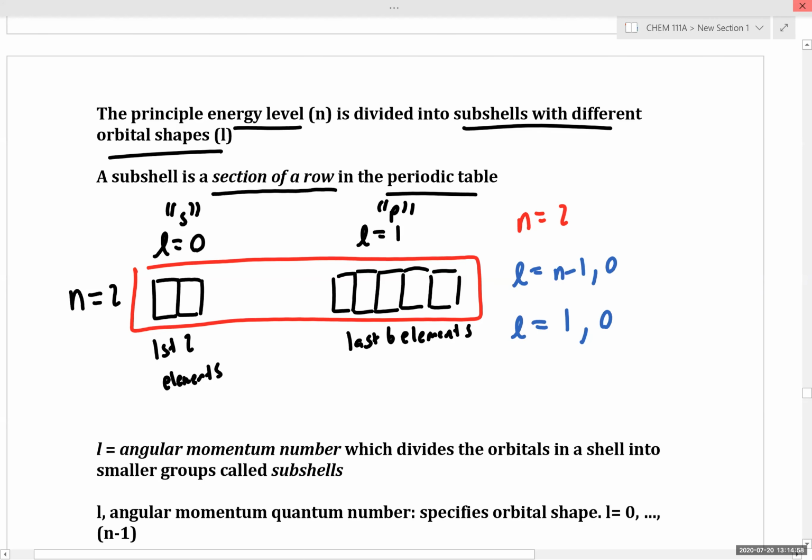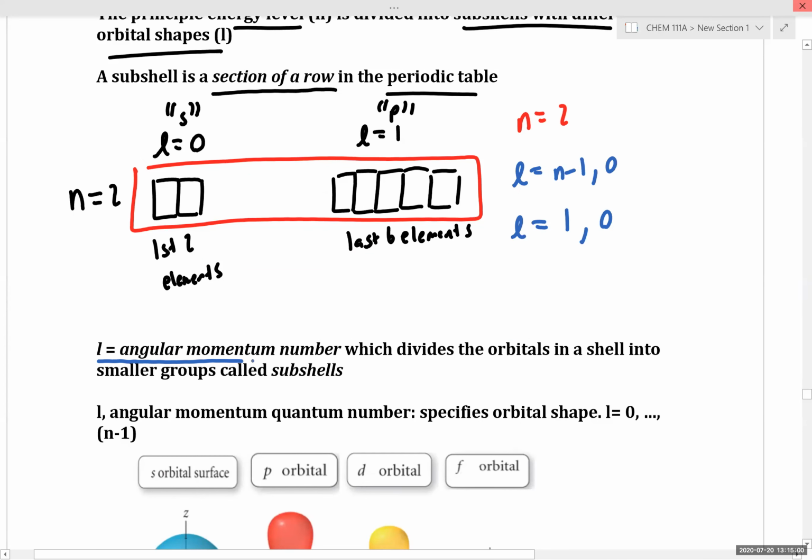Now, l is known as the angular momentum quantum number, and the angular momentum quantum number specifies the orbital shape, and l can range anywhere from 0 to n minus 1. So depending on your shell, you have a different number of subshells.